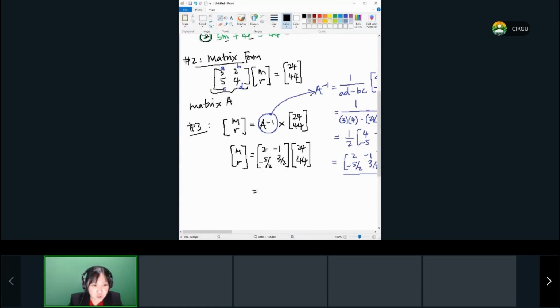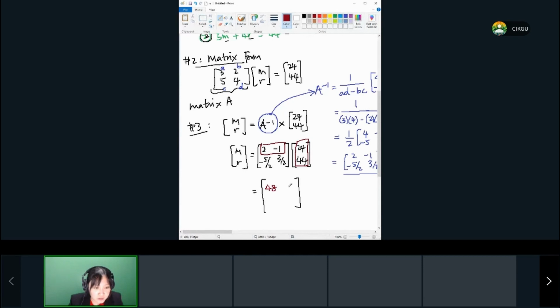The last step is just to multiply one by one. So open up this one also. Of course we always start from the first row. Here, no option, you only have one column, so for sure you multiply this column. So 2 times 24, 48.